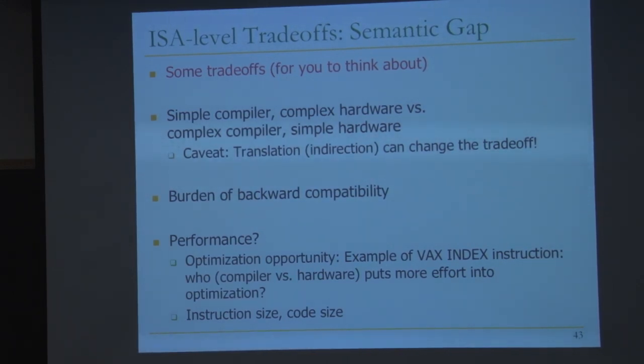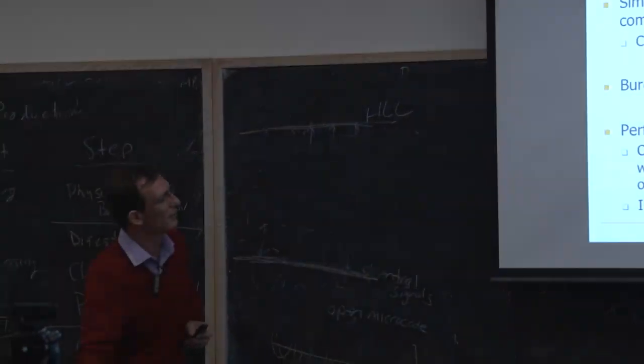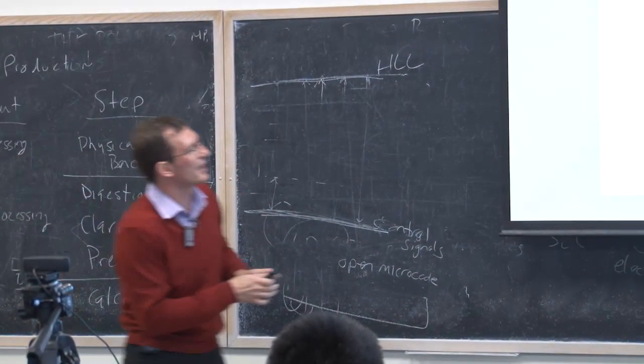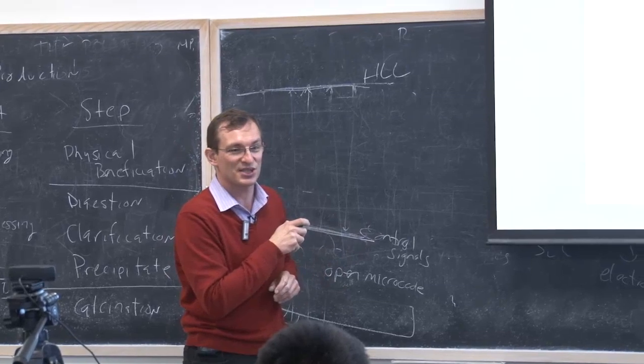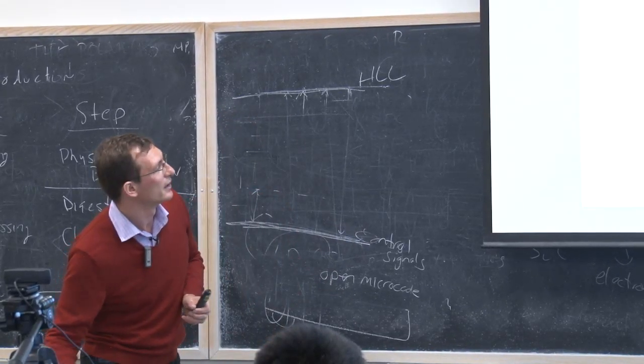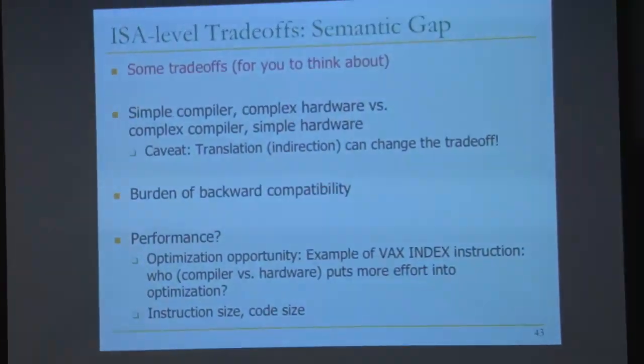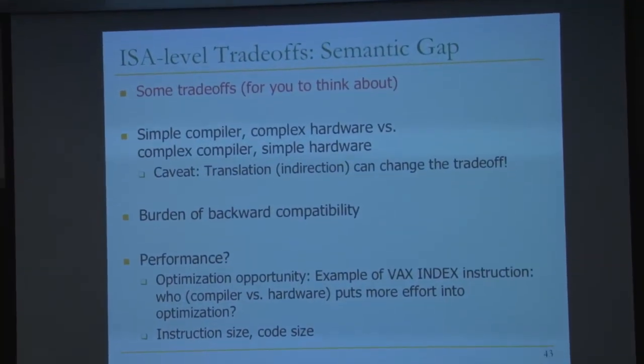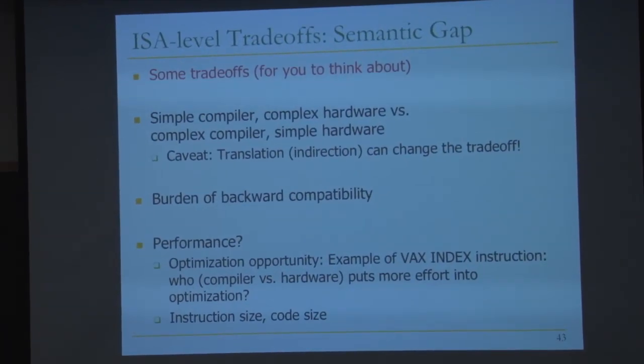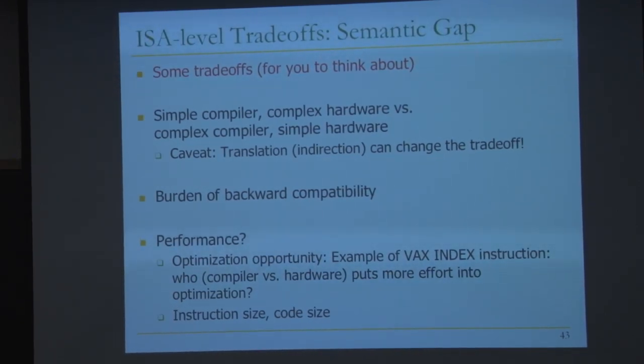But you can actually break this trade-off. Well, let me actually first cover this. I'll get back to this translation. You can actually change that trade-off. So, burden of backward compatibility. If you have lots of complex instructions, you have to support them, right? As you add more instructions, you need to support more instructions.